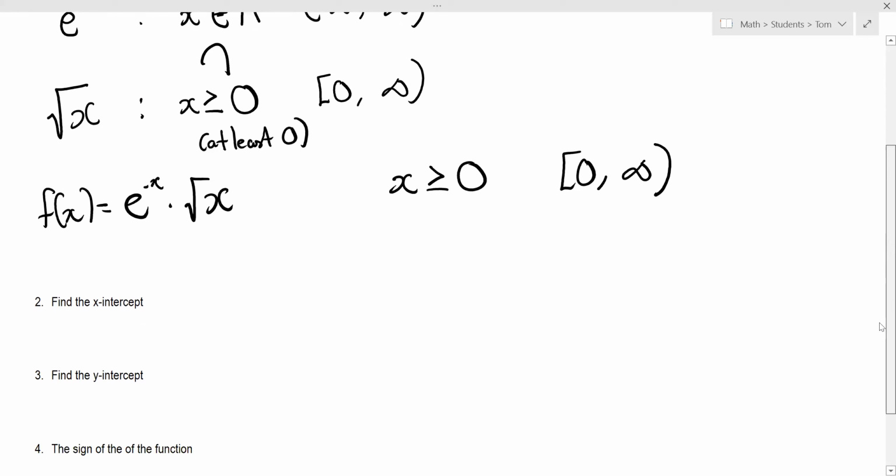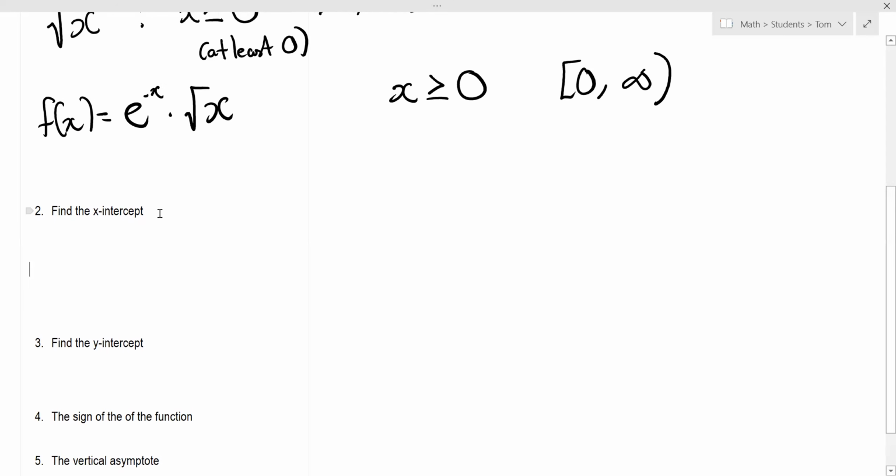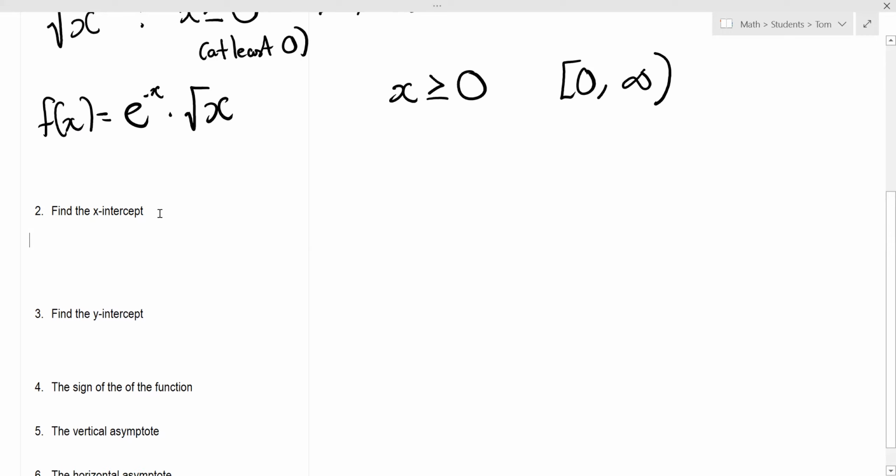So find the x-intercept. Now, at the x-intercept of any function, y, or f of x, is equal to 0, because this is where the line, let's say we have a graph here.